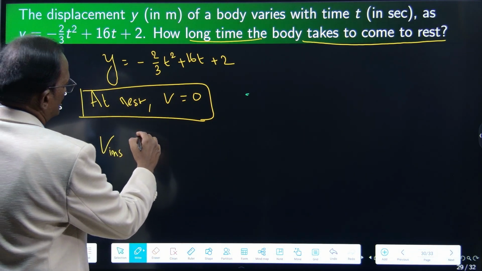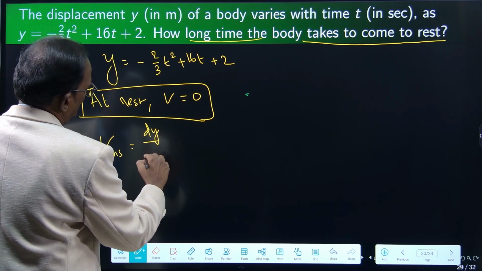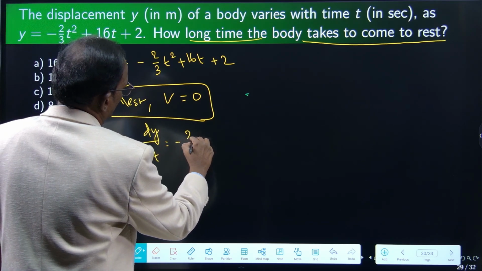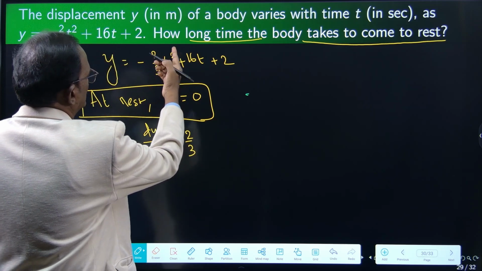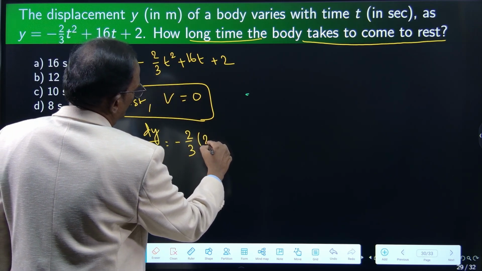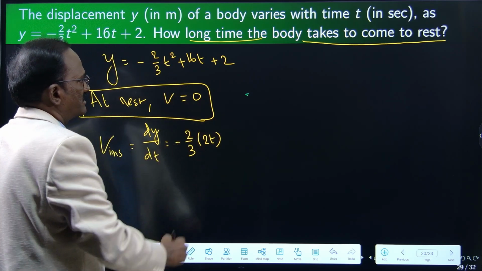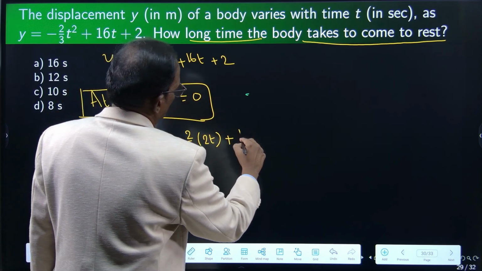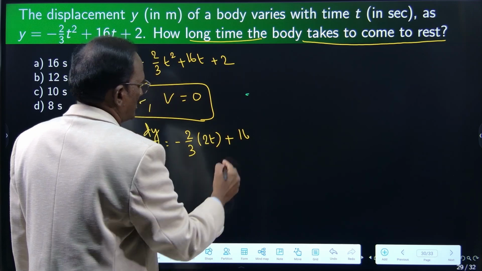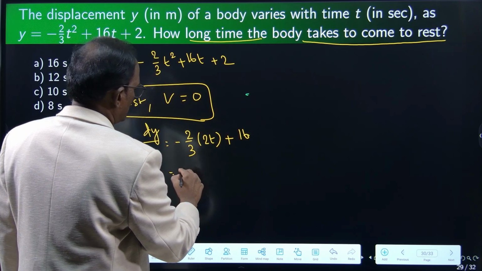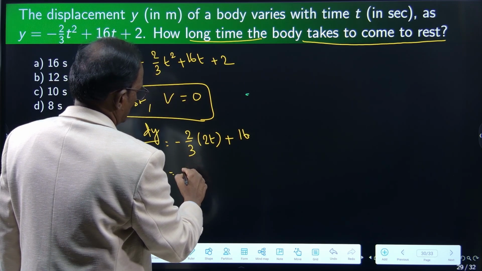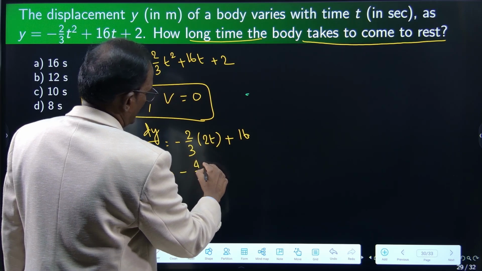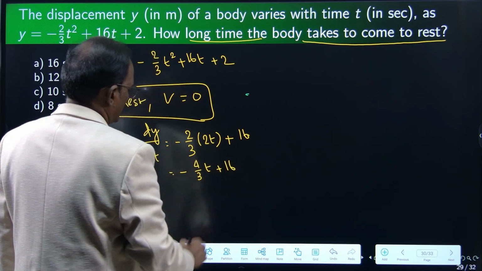So v instant is equal to dy by dt. Let us differentiate. Minus 2 by 3 constant, t square, so this will be 2t. Differentiation of 16t with respect to t, 16. Differentiation of 2 constant, 0. So this is minus 4 by 3 t plus 16.